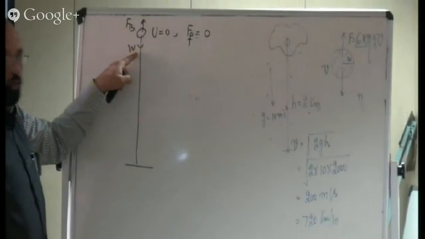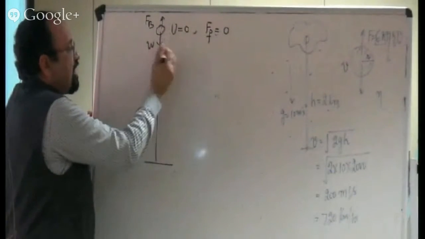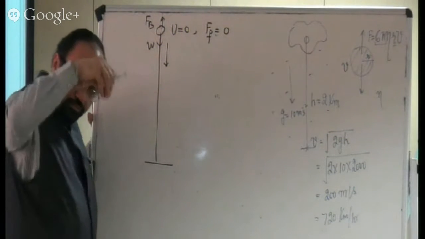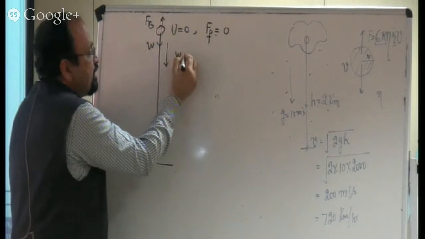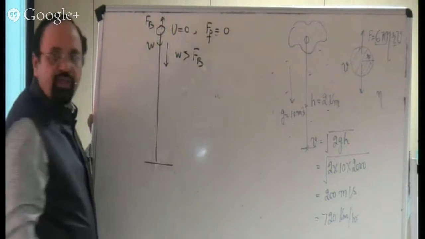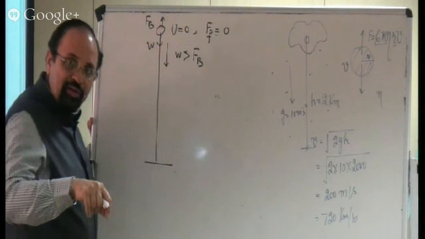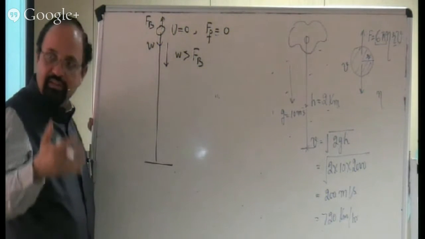If the weight is more, the drop will obviously start moving in the downward direction. Because the weight is more than the force of buoyancy, it is going to gain velocity. It is under acceleration. Its velocity is continuously increasing.